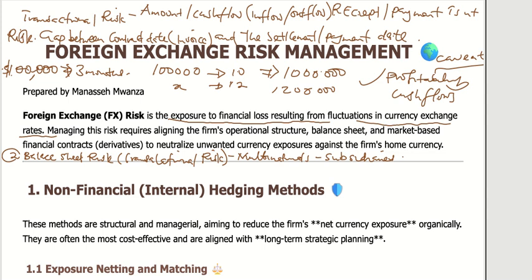So you find that at some point, due to regulations in their home country, for example in the USA, they want this conglomerate or this multinational to do what we call a consolidated financial report, meaning that we have to translate everything from our subsidiaries into the reporting currency.